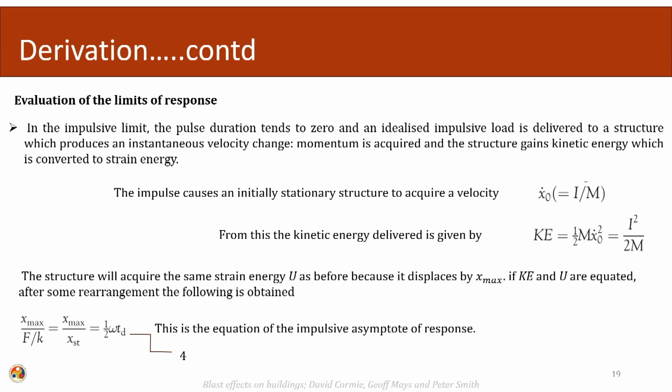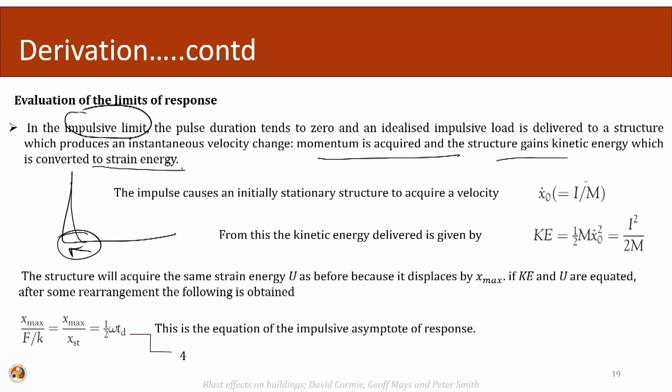In the impulsive limit, the pulse duration tends to 0. The pulse tends to be shorter and shorter, and an idealized impulsive load is delivered to a structure which produces an instantaneous velocity change. The momentum is acquired and the structure gains kinetic energy, which is converted into strain energy.